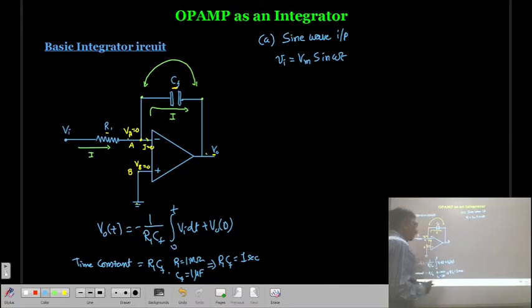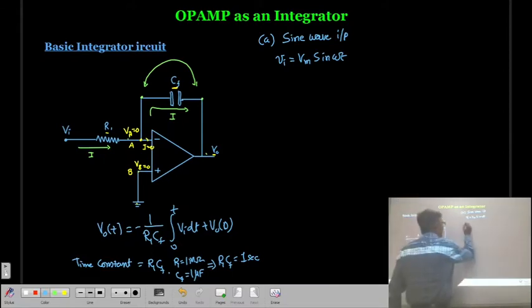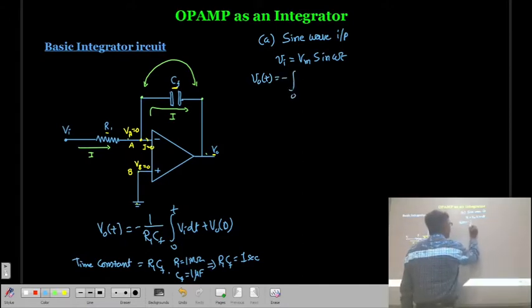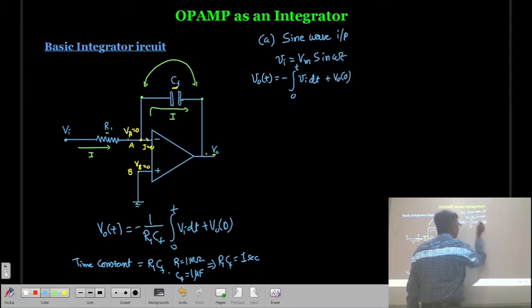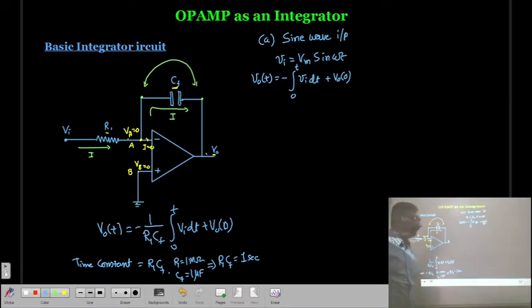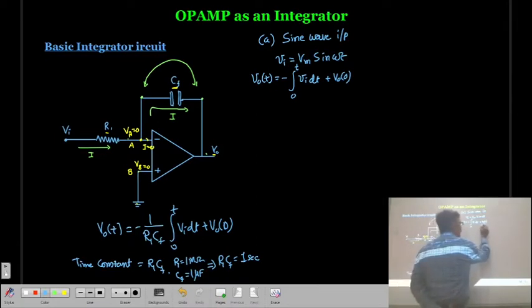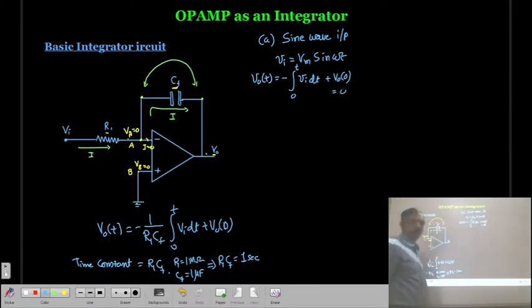and therefore the output voltage of the integrator we can write as VO(t) is equal to minus integration of your input voltage plus some output voltage VO(0), which is the output at time t is equal to 0. Correct? And here we will consider that the initial voltage is also 0.